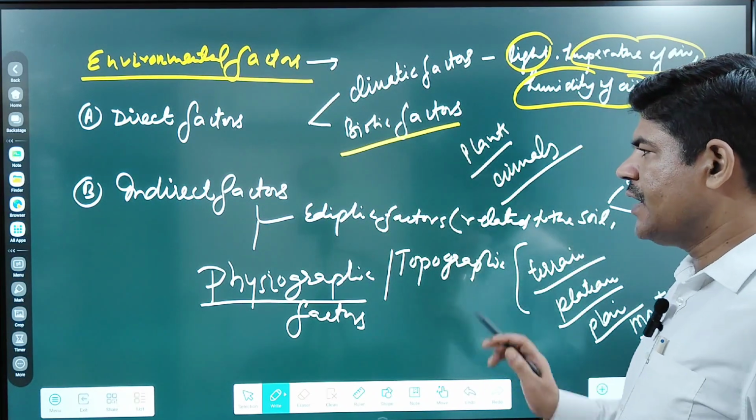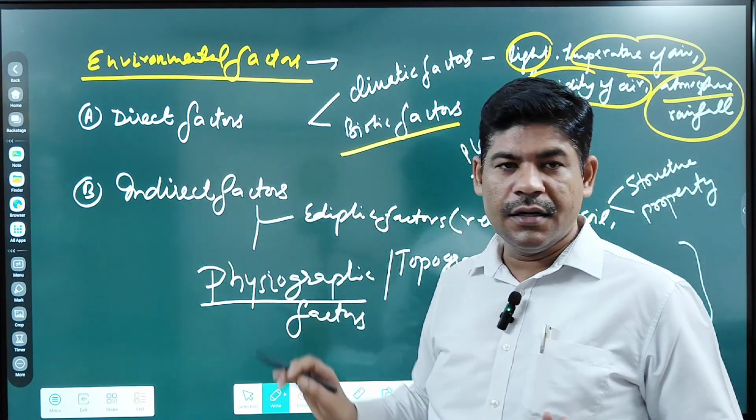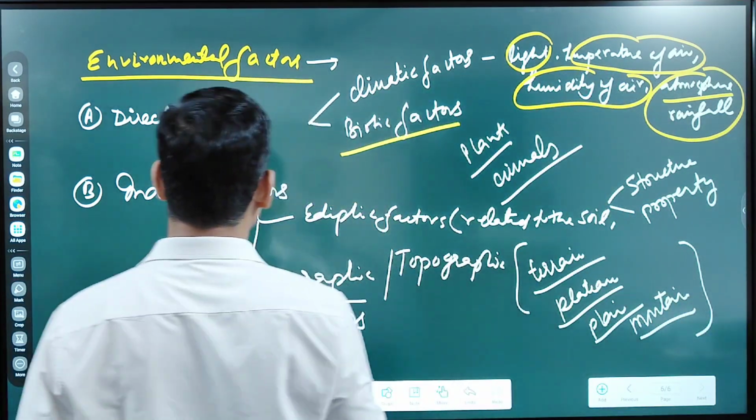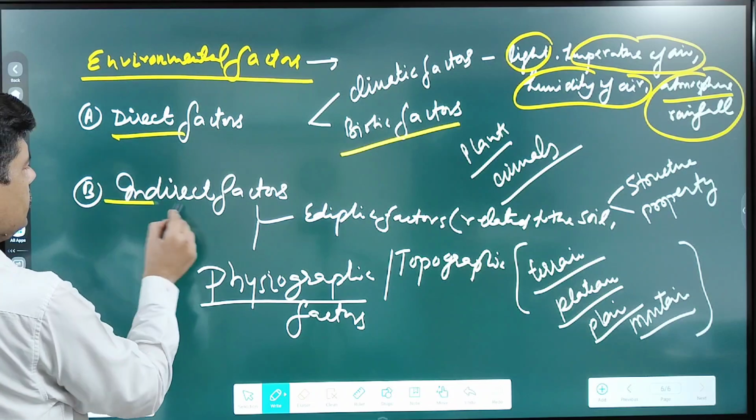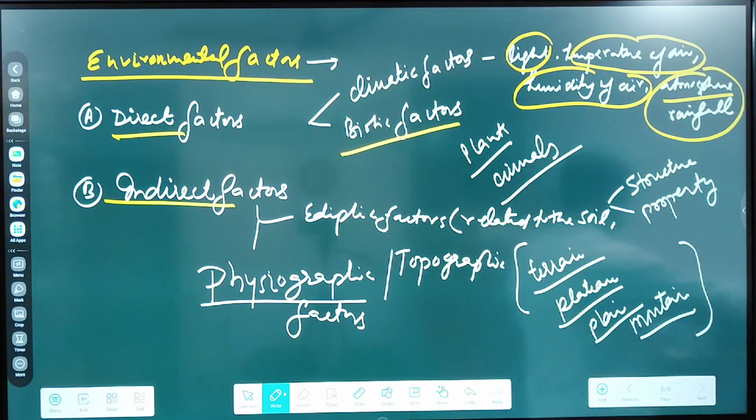These are topographic factors. So environmental factors are direct and indirect. Okay. So in this class, we have discussed factors, classification of environment, and definition of environment.